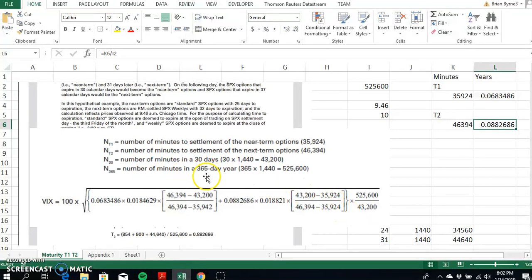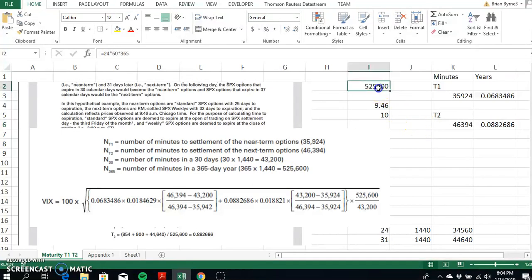Otherwise, the number of minutes in a 365-day year: if we take 365 by 1440, the number of minutes in a day, 365 days in a year, that's 525,600.